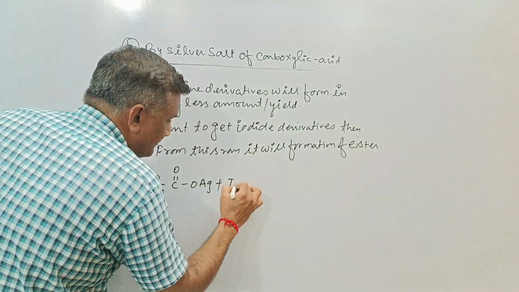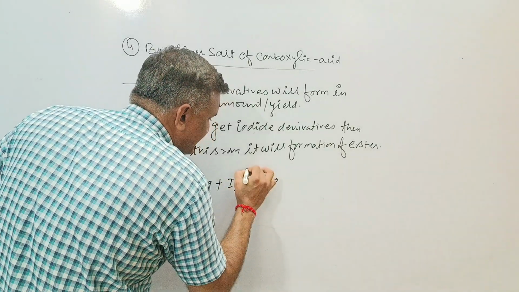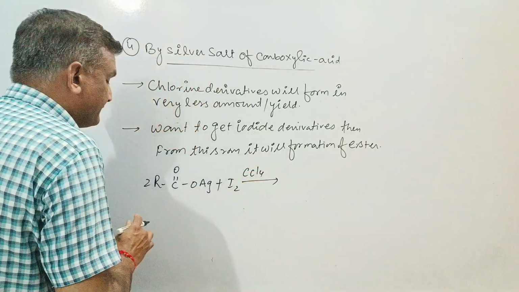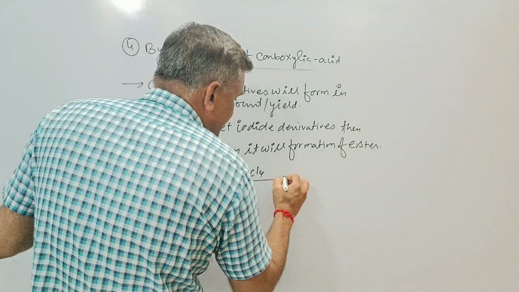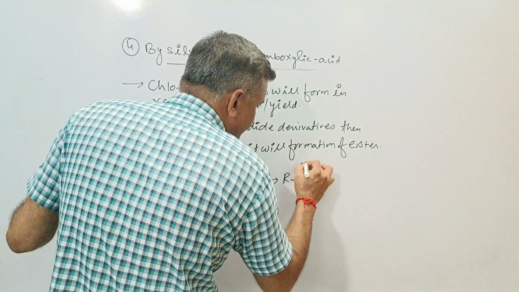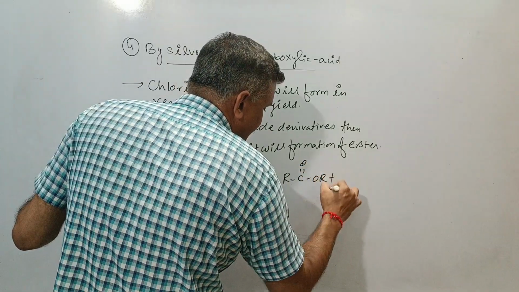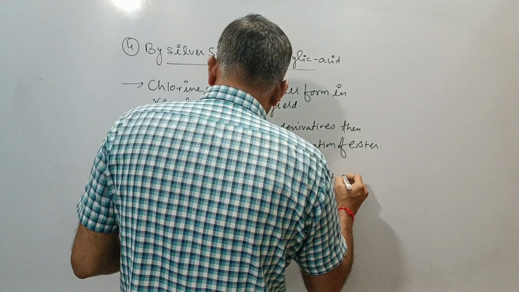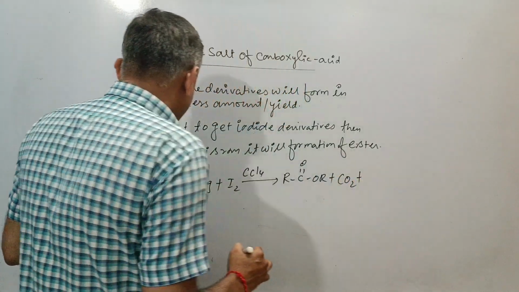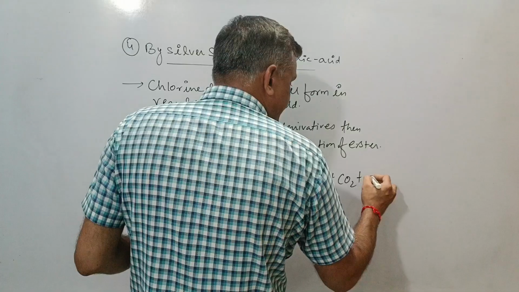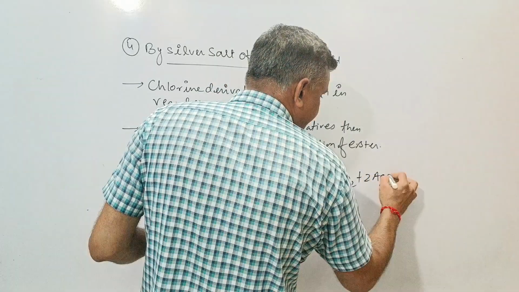This is the I2 in the presence of CCl4. Here there are 2 molecules, so one of them will be RCOOR. Here there will be removal of one CO2 and removal of 2 AgI.